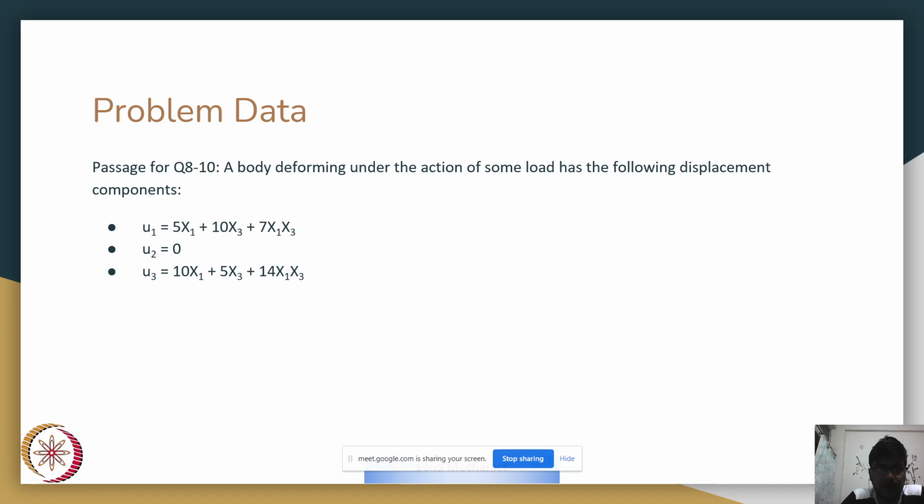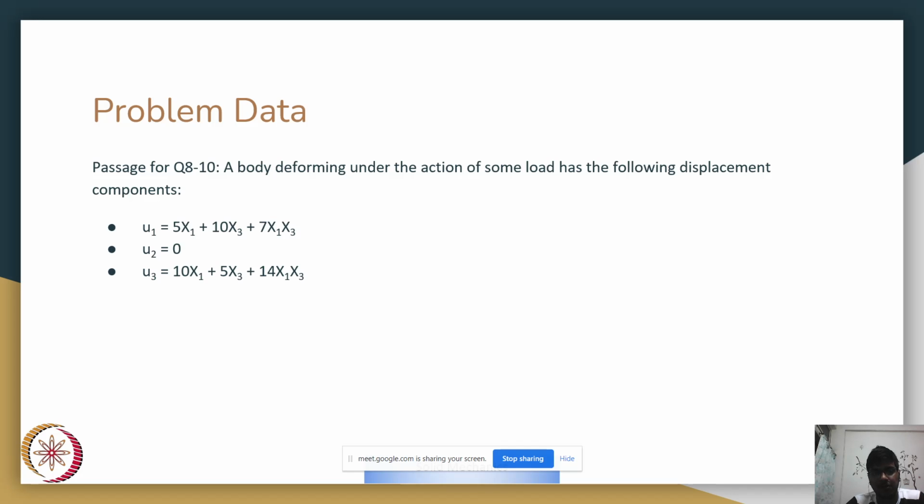Okay, so for problems 8 to 10, we have some problem data, and we are told that a body is deforming under the action of some load and has the following displacement components. U1 is 5x1 plus tan x3 plus 7 x1 x3. U2 is 0, and U3 is tan x1 plus 5x3 plus 14 x1 x3.